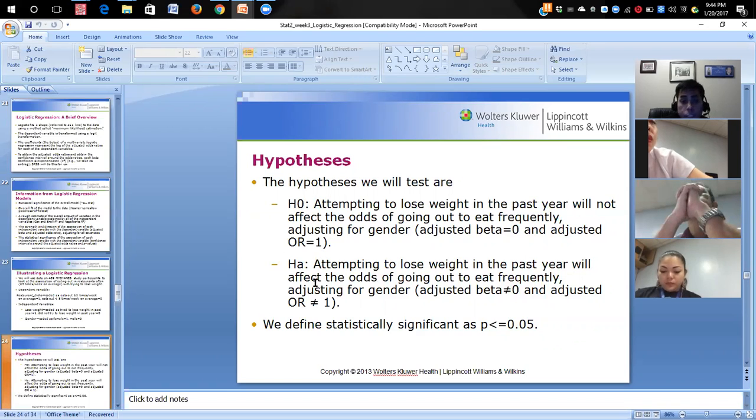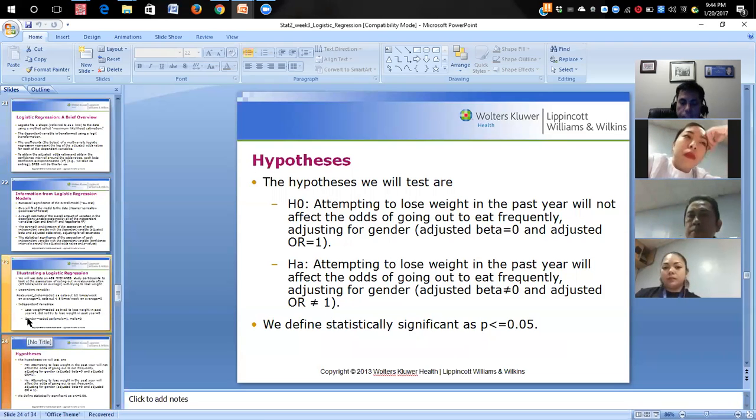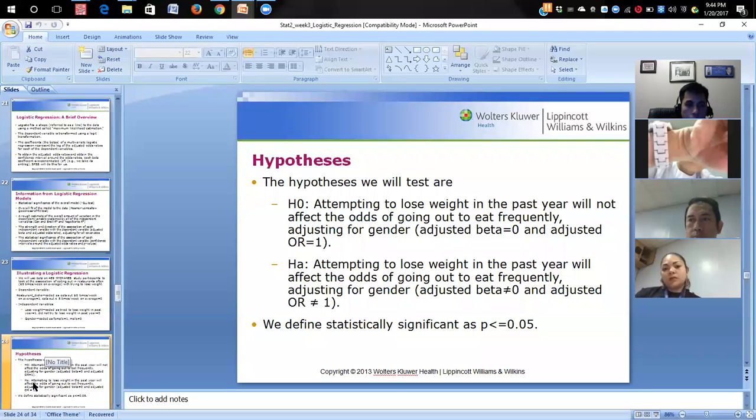Our alternative hypothesis is that attempting to lose weight in the past year will affect the odds of going out to eat frequently, adjusting for gender. So right here, that's the difference between your null and your alternative hypothesis in logistic regression. And then we set our statistical significance at 0.05.